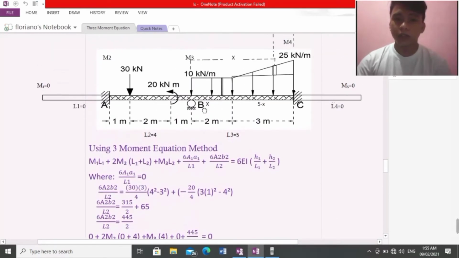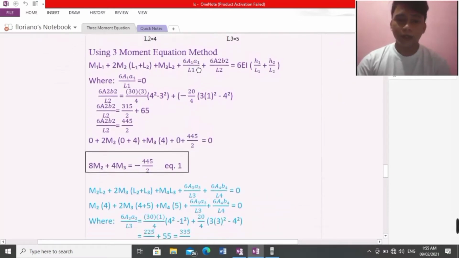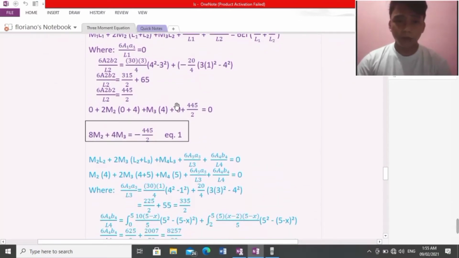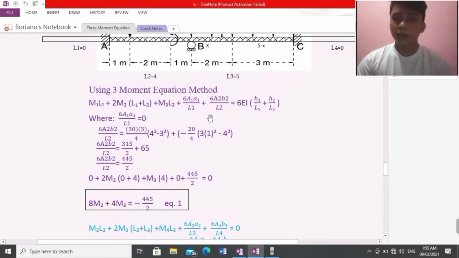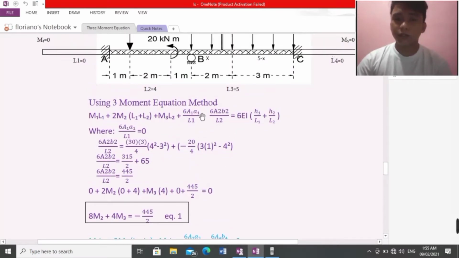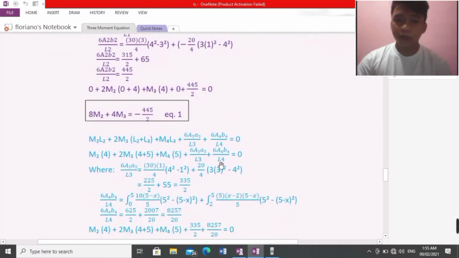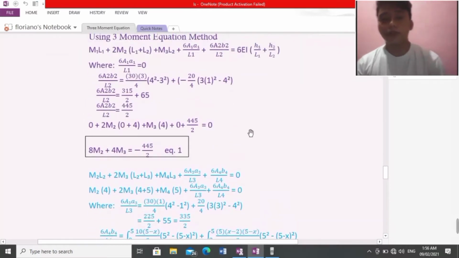Ito. Diba? M3. So, kung dito is M3, dito is M4. So, ganoon lang yung pasunod-sunod. So, dito naman sa moment factor, inasan kong ito yung subscript niya is 1 and dito is 2. Dito, 3 and 4 para hindi tayo magulo.